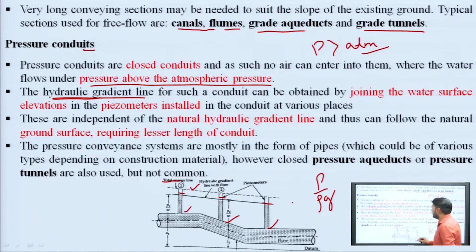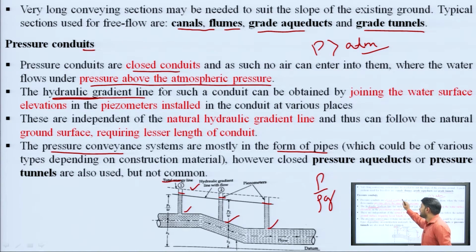Okay. Pressure conveyance systems are mostly in the form of pipes, as pressure conduits can be of different materials and they are generally closed conduits.